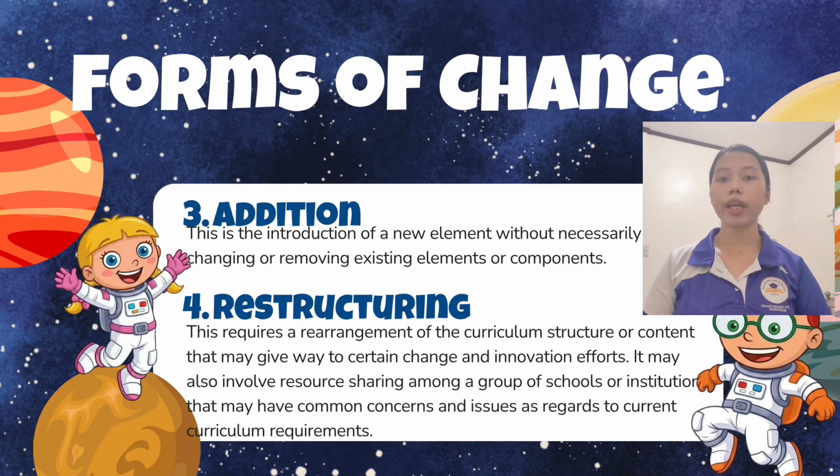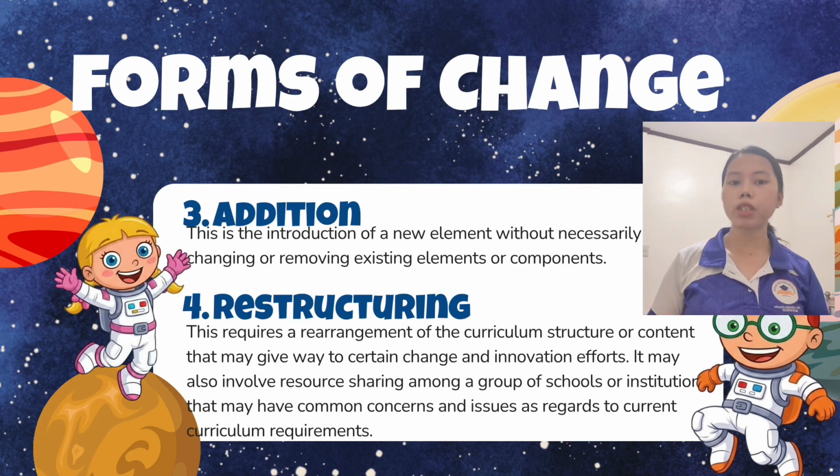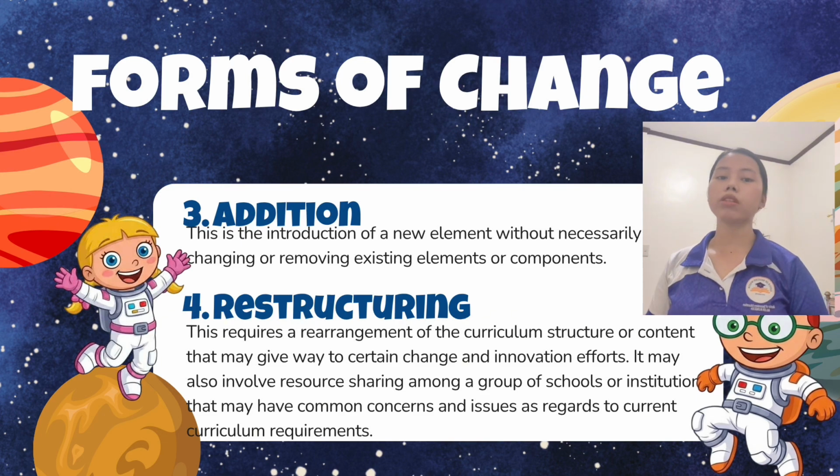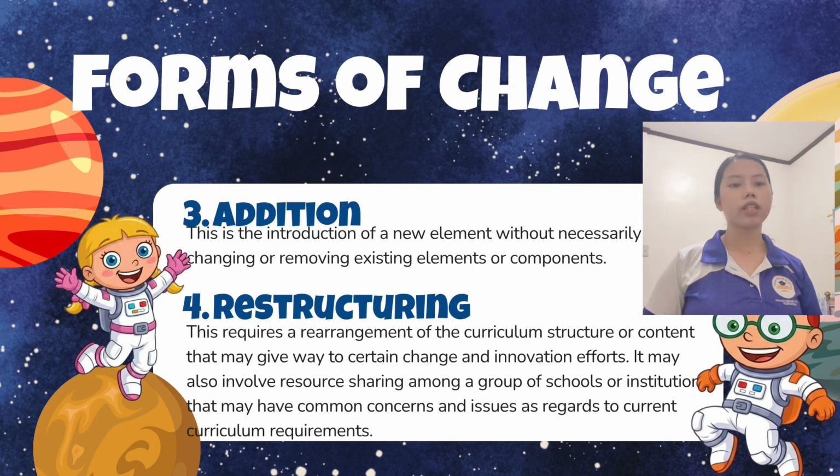And lastly, we have restructuring. This requires a rearrangement of the curriculum structure or content that may give way to certain change and innovation efforts. It may also involve resource sharing among a group of schools or institutions that may have common concerns and issues regarding current curriculum requirements.